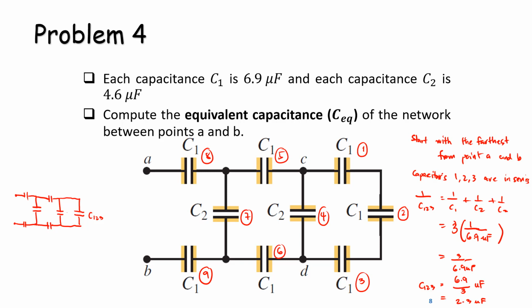Now, your C123 is parallel with C4. Therefore, take a look at this drawing, class. C123 is parallel with C4. Therefore, C1234 is equal to C123 plus C4.